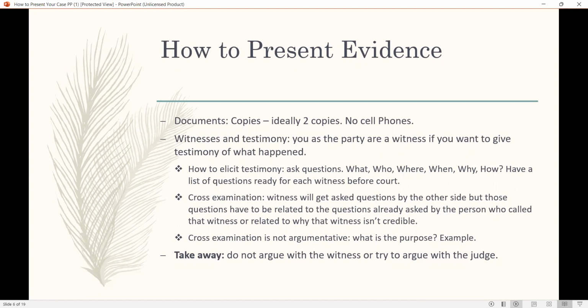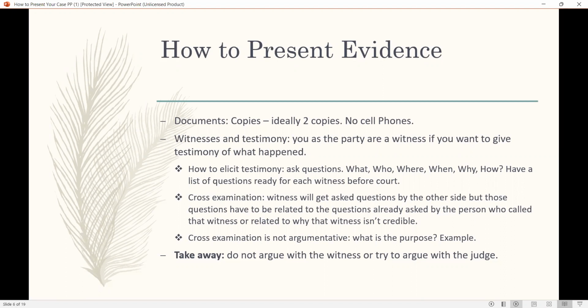When it comes to witness testimony, you as the party are a witness. So if you want to give testimony as to what happened, you will be calling yourself as a witness. You will usually be the first witness. The way that you elicit testimony is you ask questions. So avoid having a conversation with your witness.